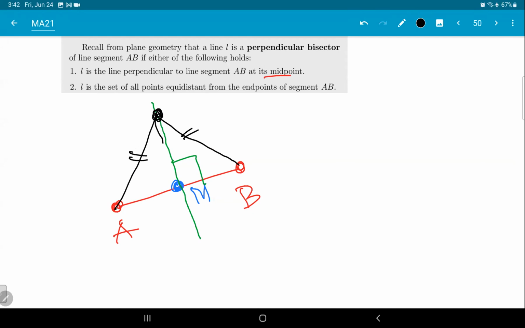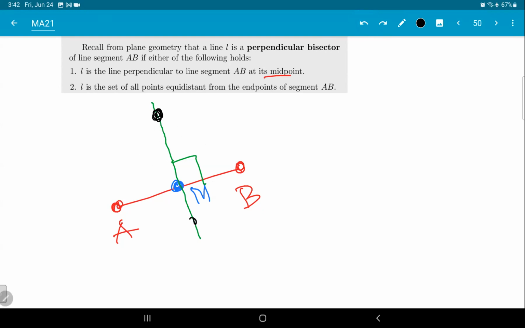Same side. Tapos bisected to, so equal din yan. Tapos pareho pa silang right triangle. So by Pythagorean, or congruence na lang ng triangle, equal din yan. And that's true for any other point on the perpendicular bisector.